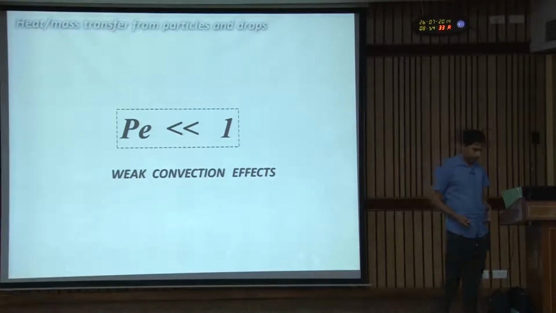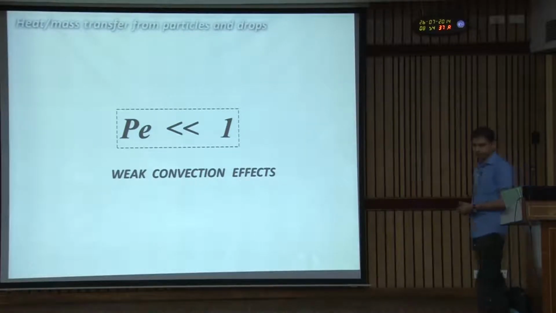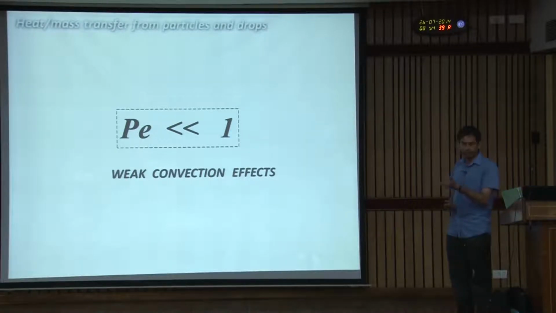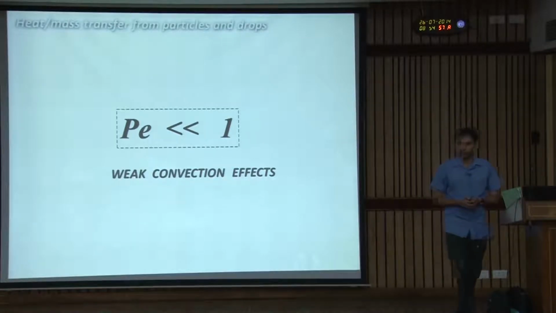Now, the thing is that for small Peclet, the effect on the heat transport is small. We will find that Nusselt only increases by a small amount, which is order Peclet, and for a linear flow, it's actually square root of Peclet. But the qualitative effect on the temperature field is enormous at large distance. It gives you the qualitative effect of convection, and more importantly, it's a very nice singular perturbation problem.